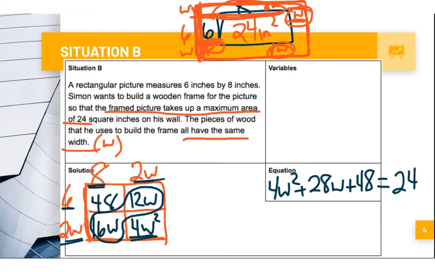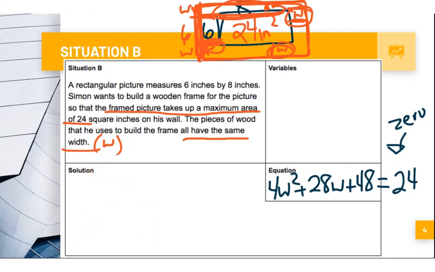Okay, so here we go. I think, guys, I'm going to do factoring. With factoring, this has got to be 0 so I can use that zero product property rule. Let me erase that.